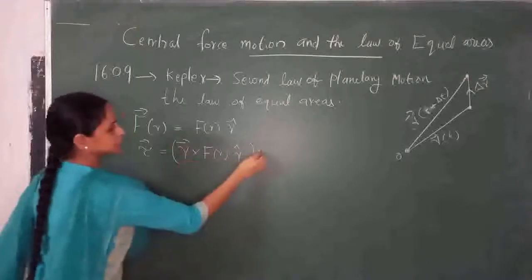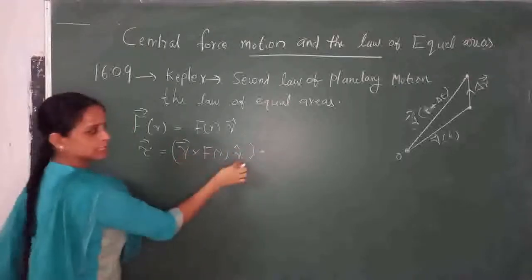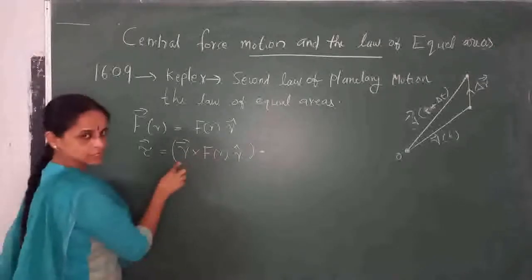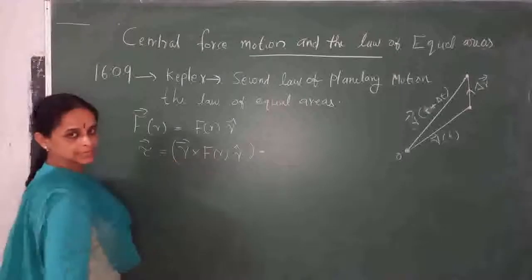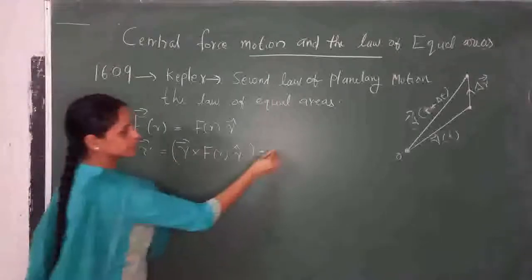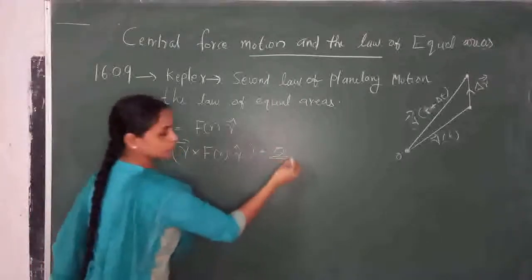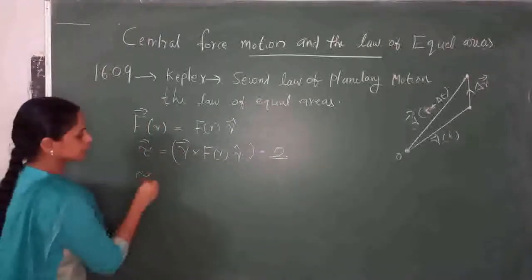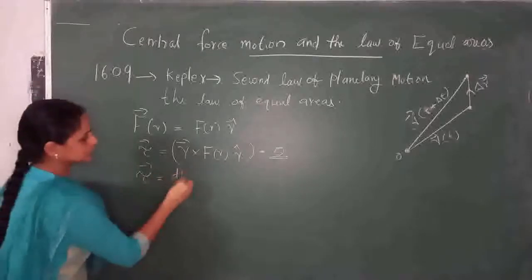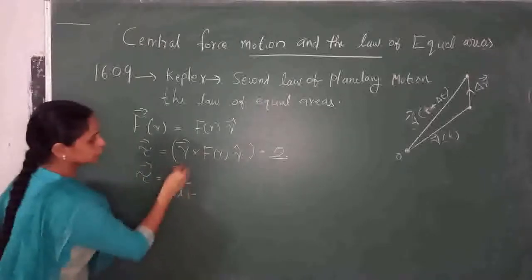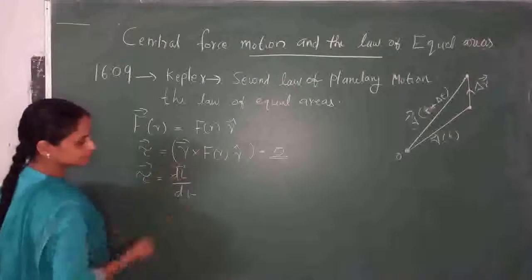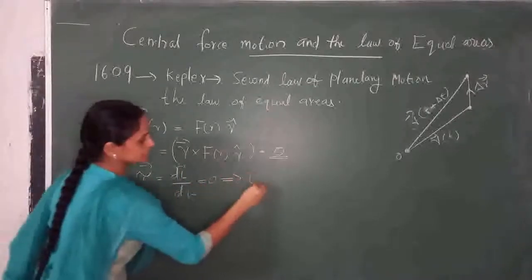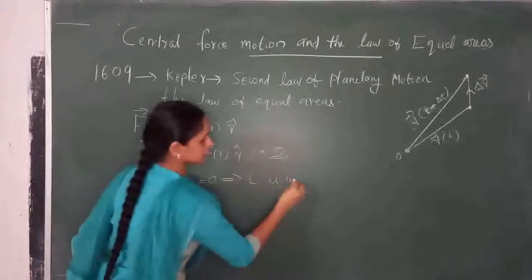But you can see that this r, the position vector or radius vector, and the force are acting along the same line. So the cross product will be 0. That is, tau is 0. The torque is actually dL by dt, the rate of change of angular momentum, and if this is equal to 0, this implies L is conserved, or L is a constant.